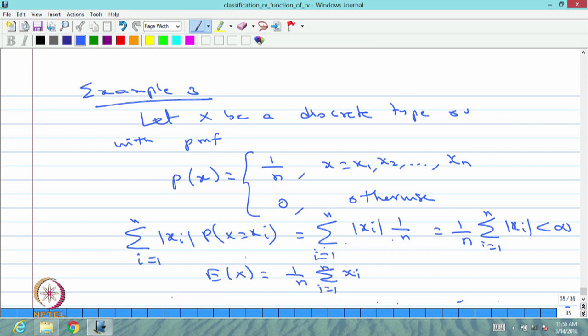This is going to be the expected value of the random variable x when x is a discrete type random variable with probability mass function 1 by n for the n values xi. But you know that 1 divided by n times the summation of xi's is nothing but the average.